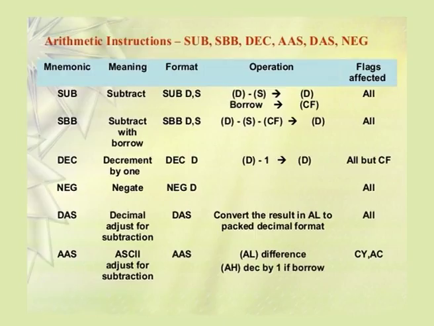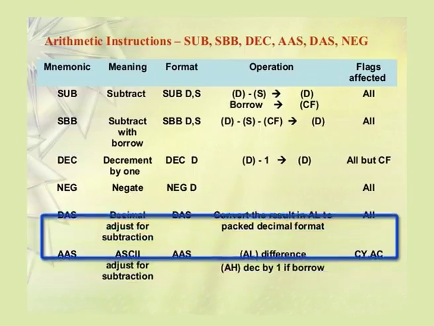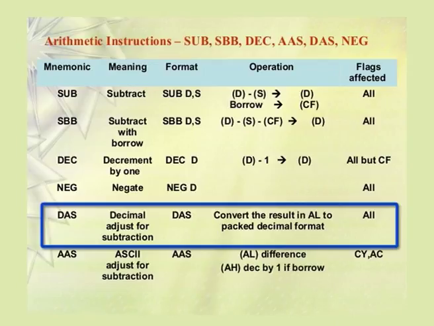In case of ASCII subtraction, the instruction ASCII adjust for subtraction, in short AAS, is useful. In case of packed BCD arithmetic, the instruction decimal adjust for subtraction, which is DAS, adjusts the result obtained after subtraction of two numbers through the instruction SUB or SBB.